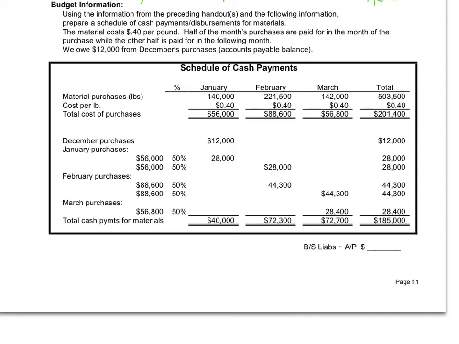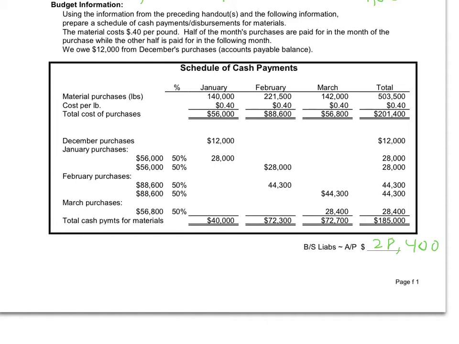So that means at the end of the year, or the quarter, the end of March, our accounts payable is going to be $28,400. That's a pretty lame 8, but that's what it is.